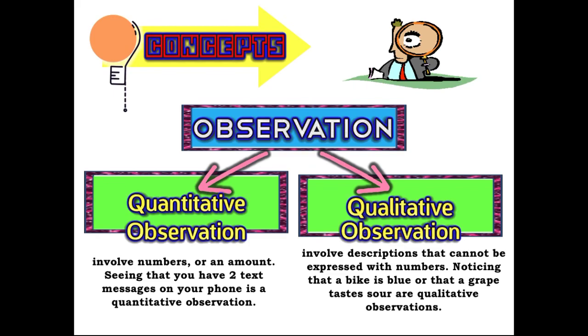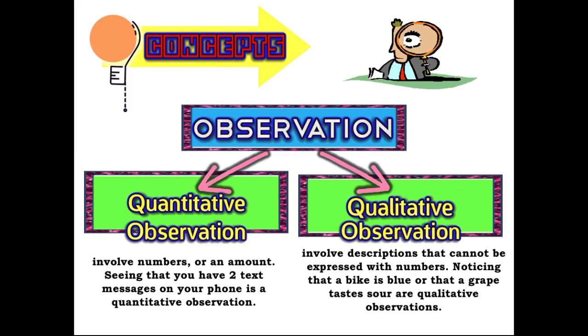Now, there are two types of observation: the quantitative observation and qualitative observation. Quantitative observation, from the word quantity, involves numbers or an amount. For example, seeing that you have 2 text messages on your phone is a quantitative observation, while qualitative observation, from the word quality, involves descriptions that cannot be expressed with numbers.